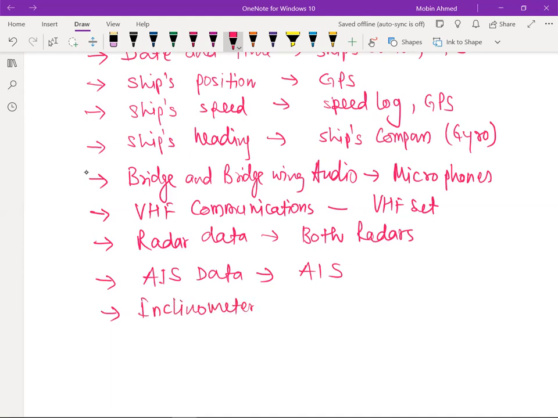Inclinometer data. It will come from the inclinometer. What is an inclinometer? What does it do?